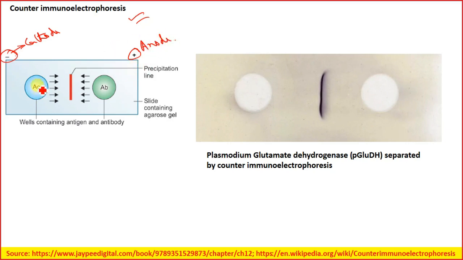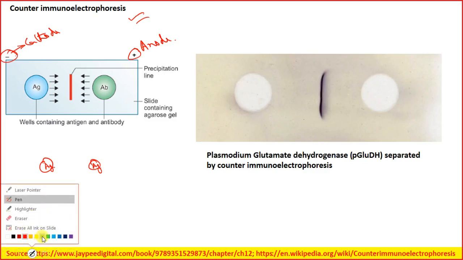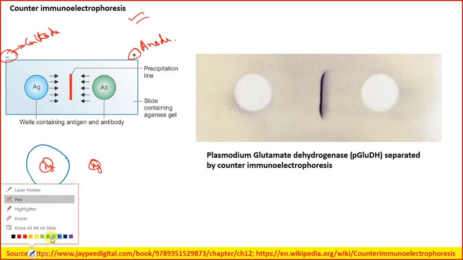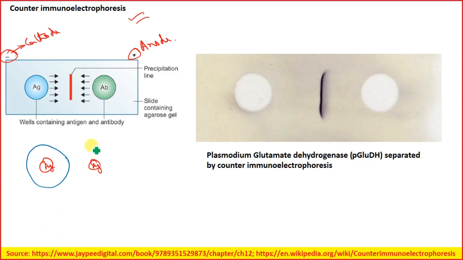Now if you normally do this by the normal diffusion process, that is also possible. That is a kind of radial immunodiffusion. So you will have this kind of activity zone, and somewhere you will find there is a straight line interface, and this is without any electrode.